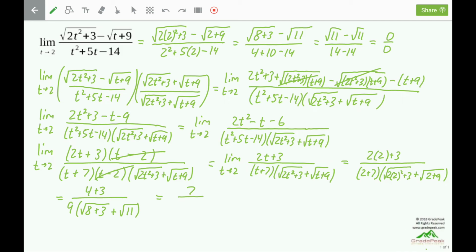So we have 7 divided by 9 times the square root of 8 plus 3, which is 11, plus the square root of 11. We can add those root 11s together, and that will be 2 root 11 in the denominator. So we end up with 7 divided by 18 root 11.